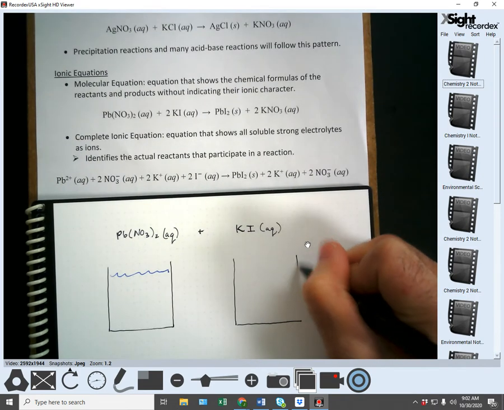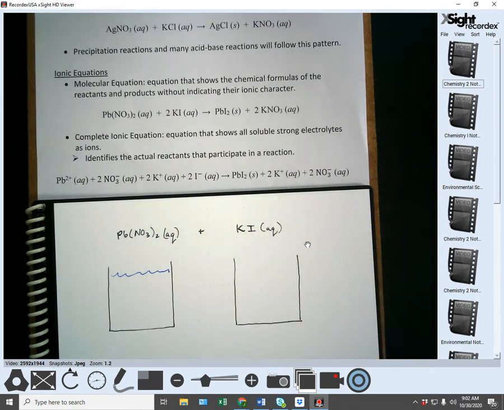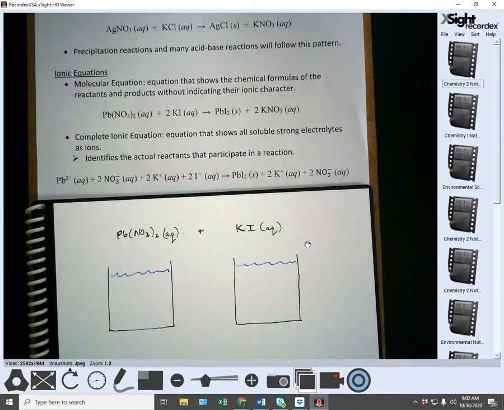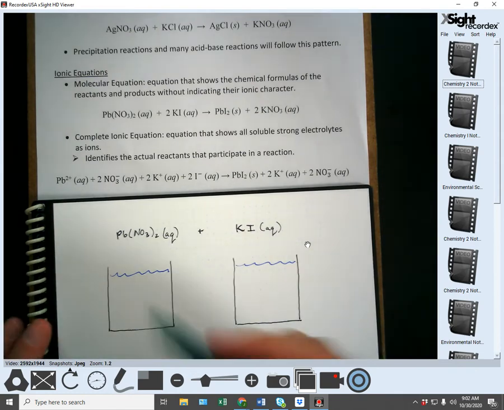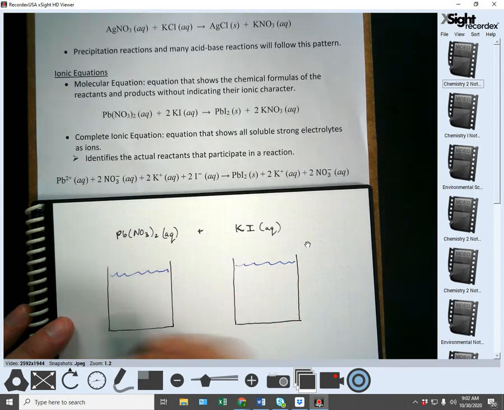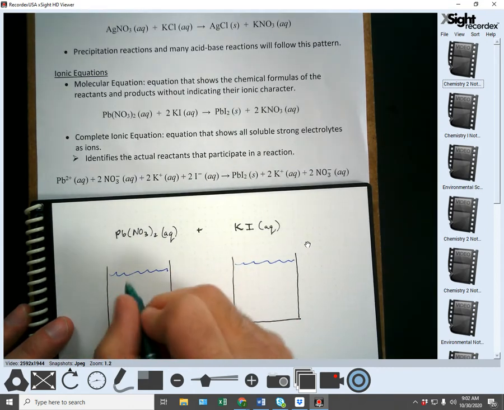These are aqueous, right? What's going to happen is the Pb(NO3)2, when it goes in, is going to ionize.